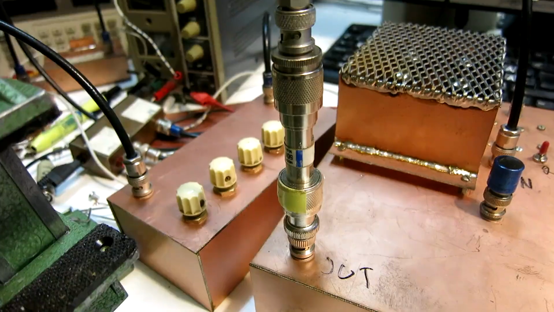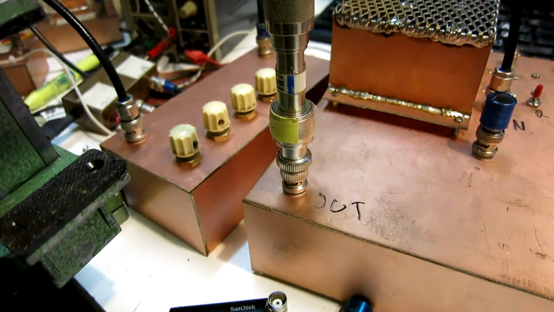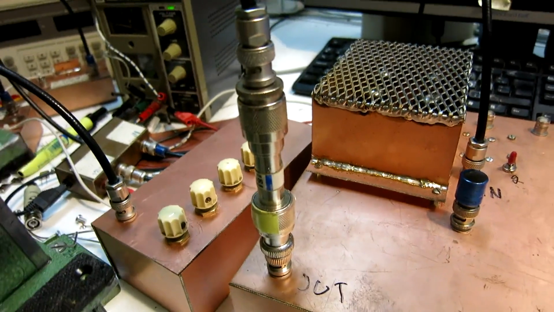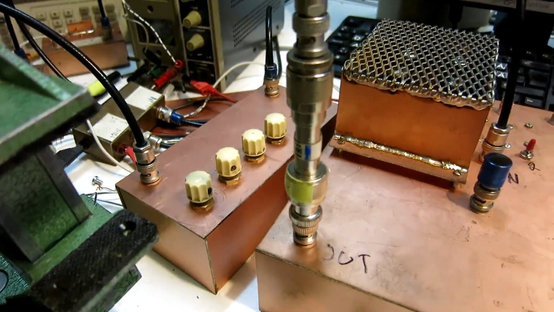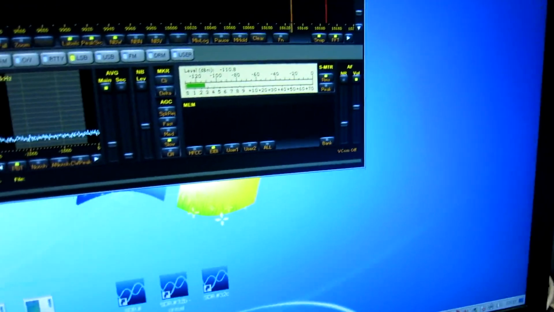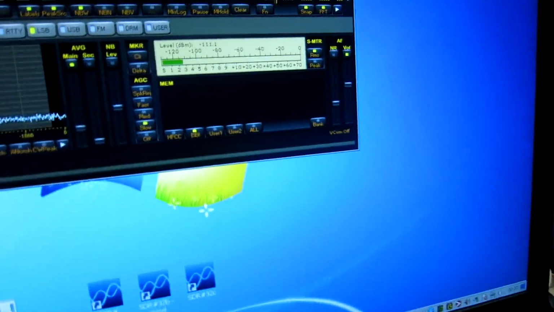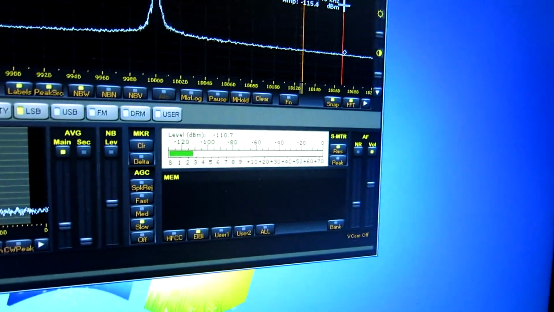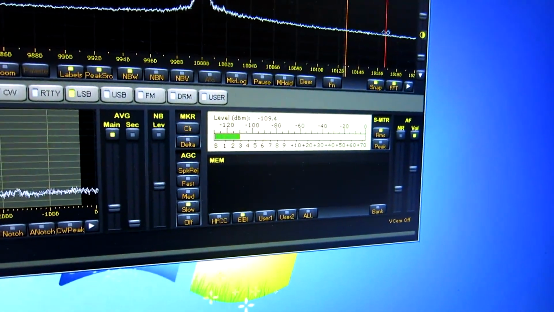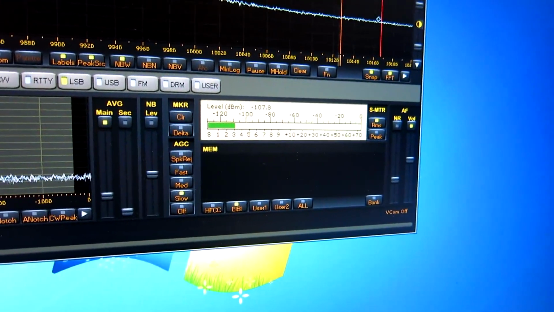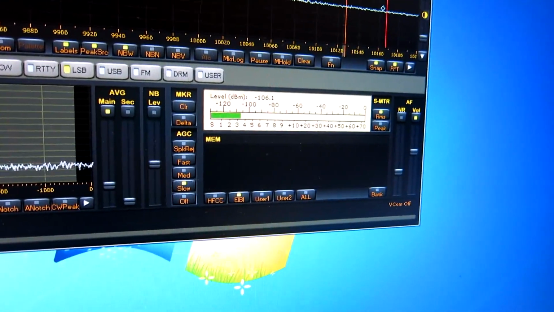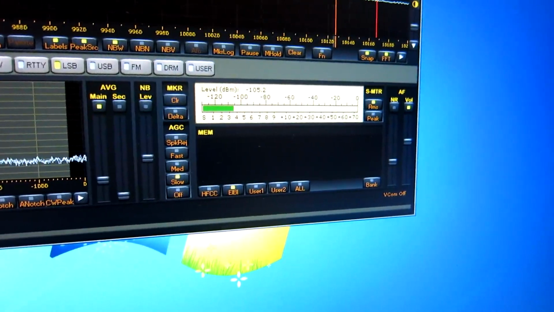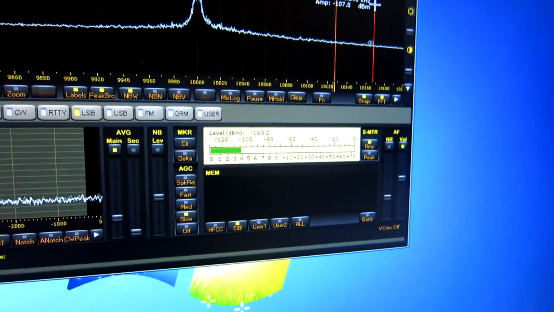What is this? I added 6 decibels of attenuation between the amplifier and the notch filter. And then again, look here. And the level is now plus 7, 8, 9, 10, 11, 12, 13, 14, 15.